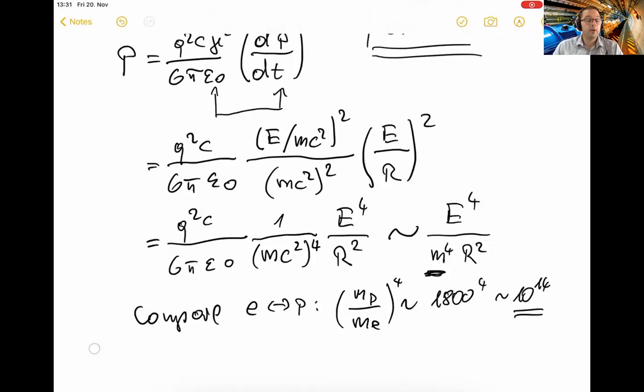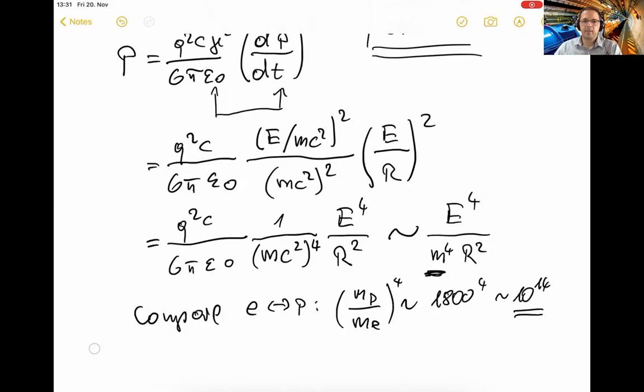We already calculated that linear acceleration has no synchrotron radiation. Now I'm telling you that protons on a circular orbit also don't have synchrotron radiation. It's also vanishing because there's a 10 to the 14 involved. However, electrons on a circular orbit have a very large synchrotron radiation. We're going to look at numbers soon. The calculation is over now, we're done.